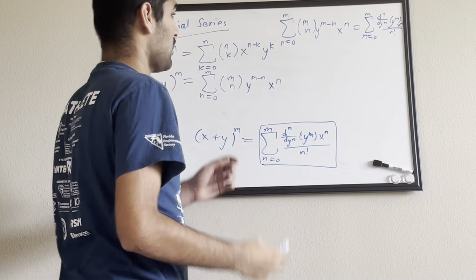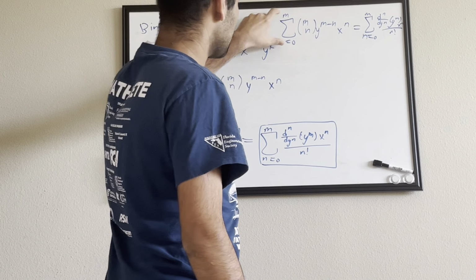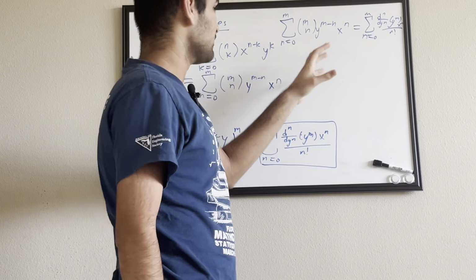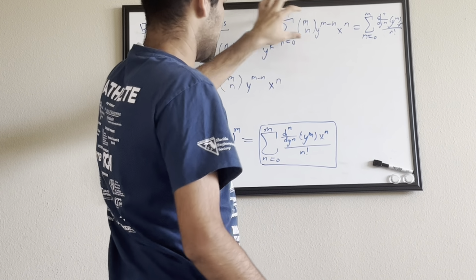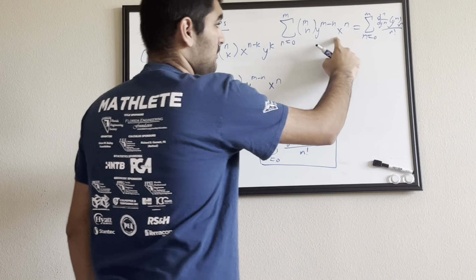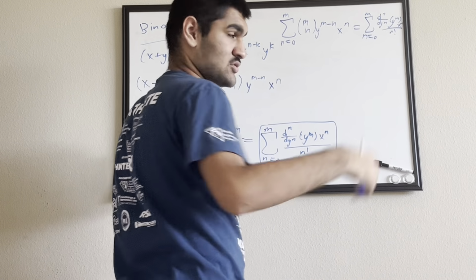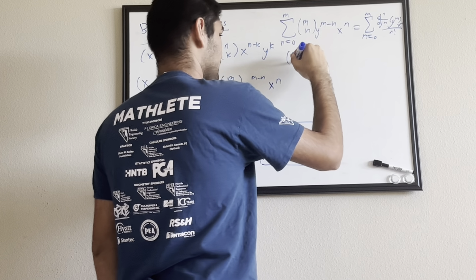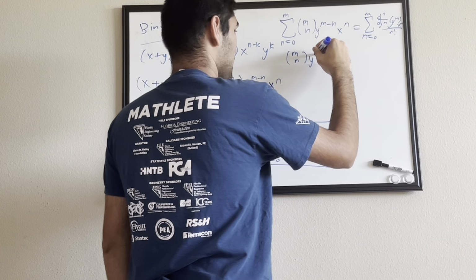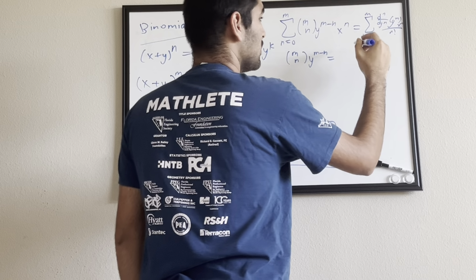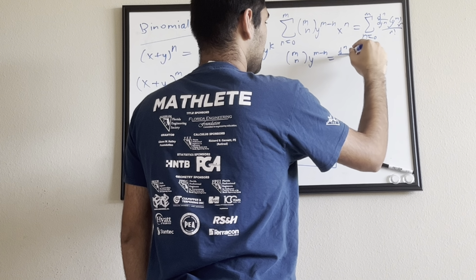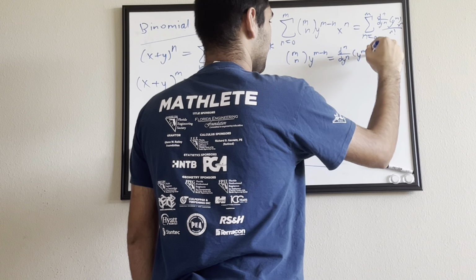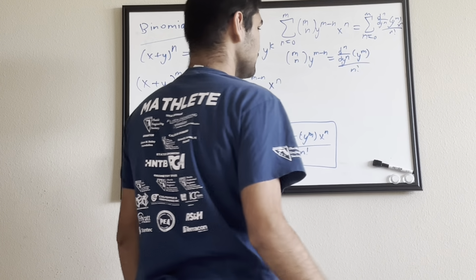I'm running out of room here. So the indexes of the series are the same, meaning that the insides are the same, and we can just equate the insides. Both of them have an x to the n term, so you can cancel that. Then you get that m choose n times y to the m minus n is equal to the nth derivative of y to the m over n factorial. Okay.